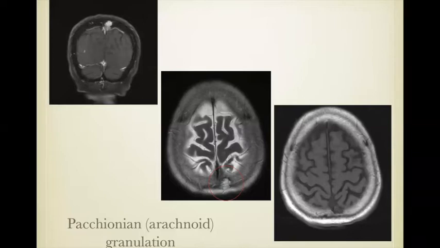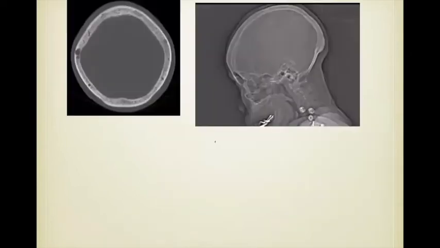So this is how the CSF is resorbed. And these are the same arachnoid granulations that are impaired in function in patients with, for example, communicating hydrocephalus after subarachnoid hemorrhage. Now let's differentiate that from these lesions. These are numerous holes in the skull. These are away from a dural sinus.